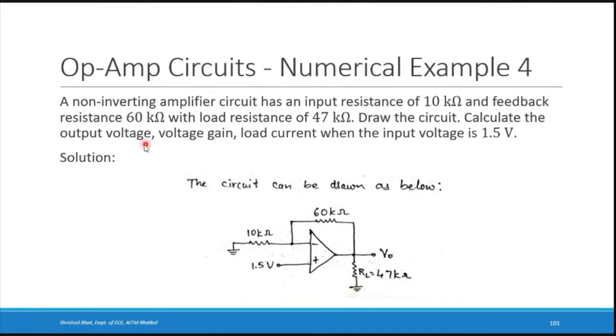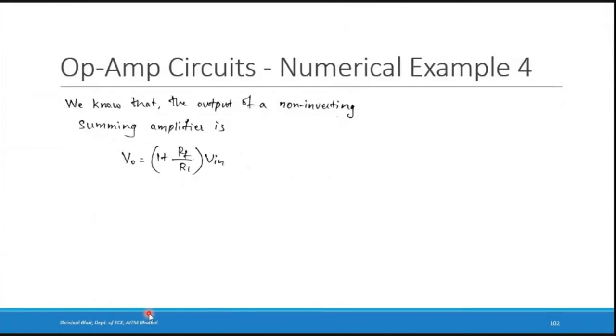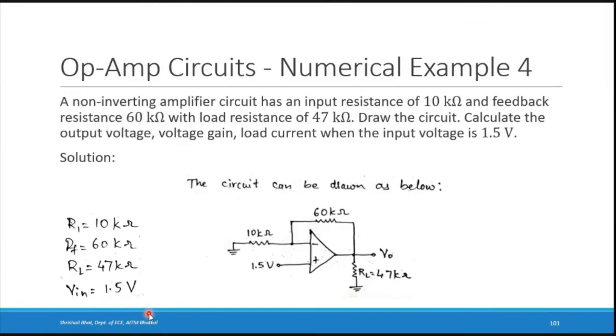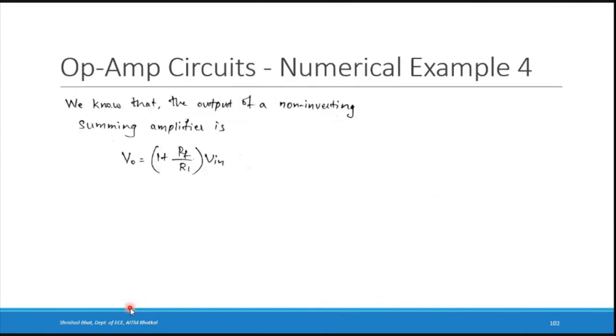Load resistance is given. You are asked to find the output voltage. What is output voltage? In case of a non-inverting amplifier, output voltage is 1 plus RF by R1 into Vin. So these are the things we have. R1 is 10K, RF is 60K, RL is 47K, Vin is 1.5. Output voltage is 1 plus RF by R1 into Vin. Just substitute. RF is 60K, R1 is 10K, Vin is 1.5.